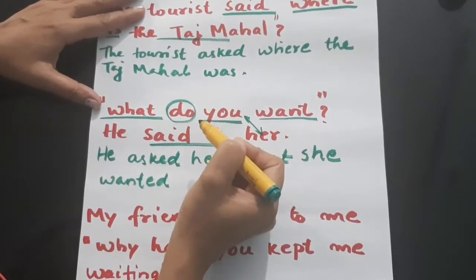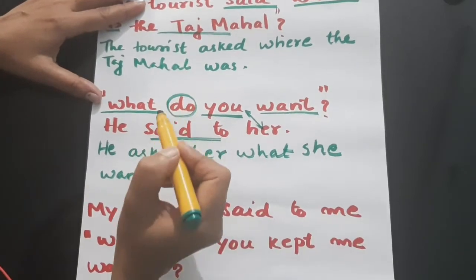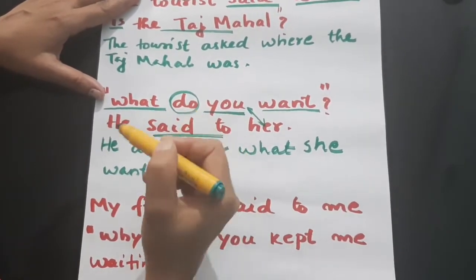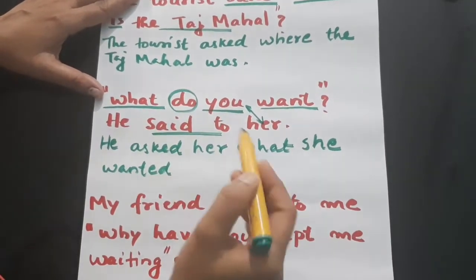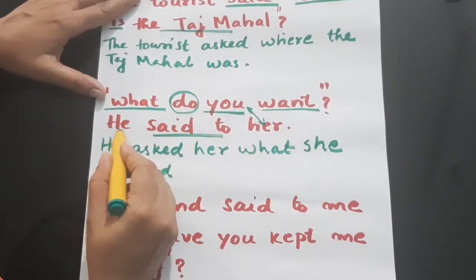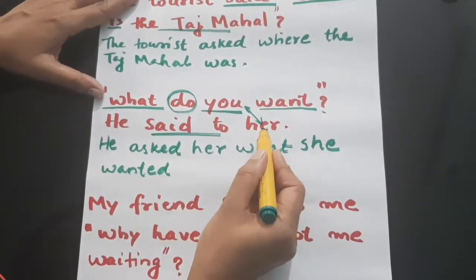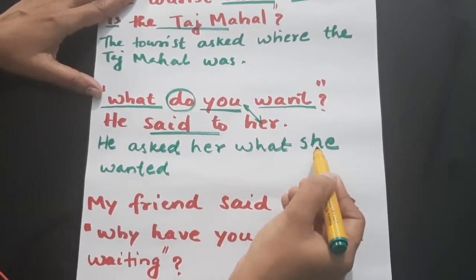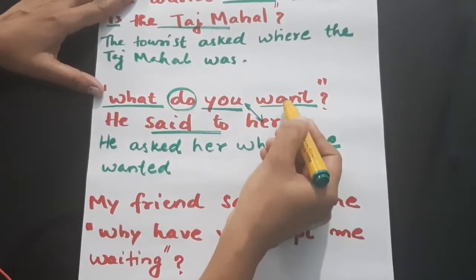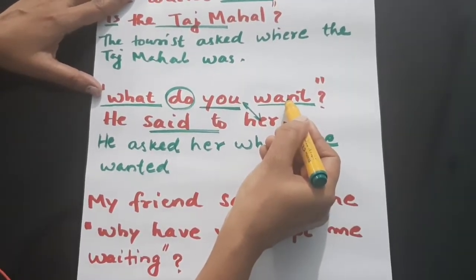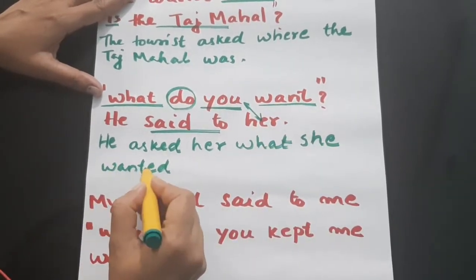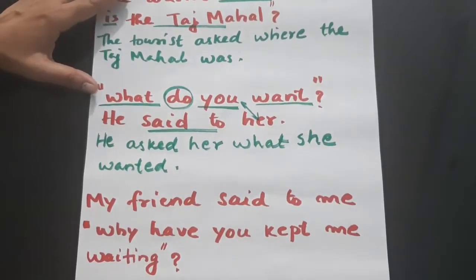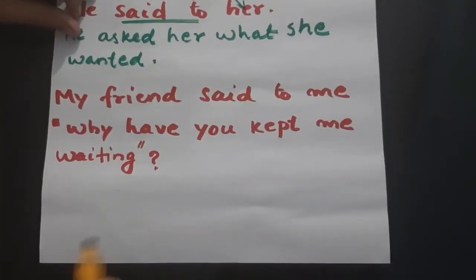So whenever you meet a do in the direct speech, you can simply neglect that. That is it. So the answer would come like this. He asked her what. Next, subject she. The verb is in present form, want. That will be converted to wanted. Next, full stop instead of question mark. That is it. Another example.